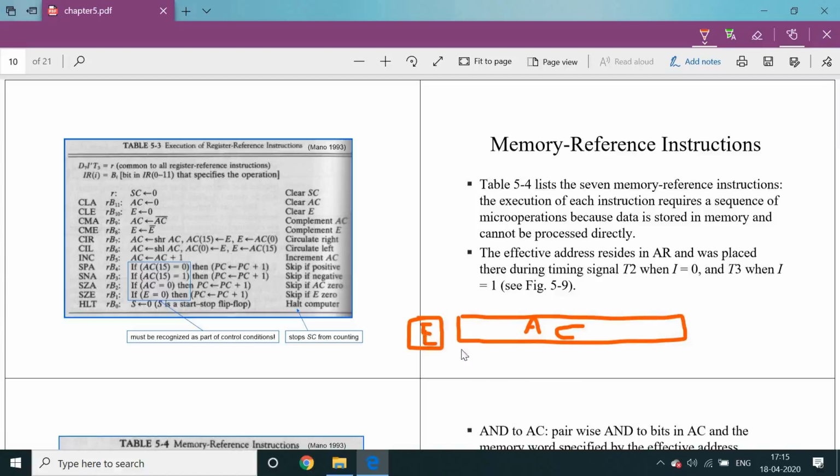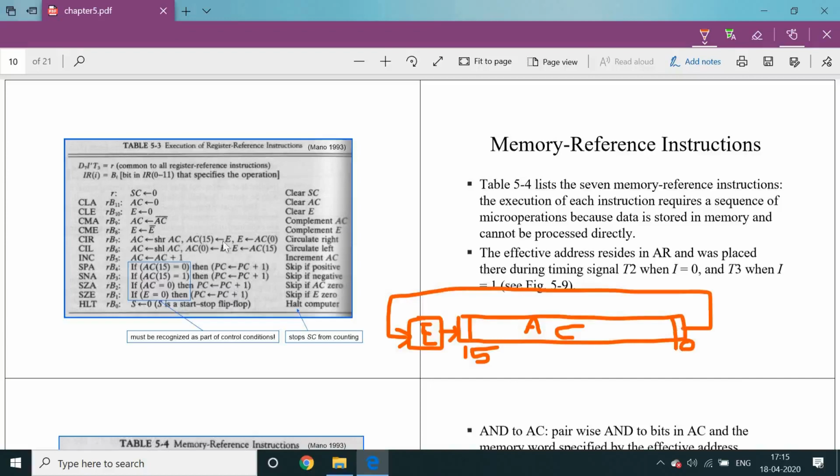Accumulator bit 0 is here, and this is the 15th bit.